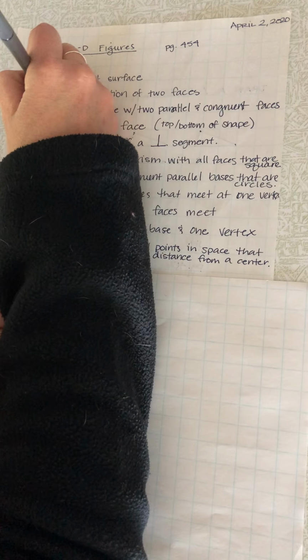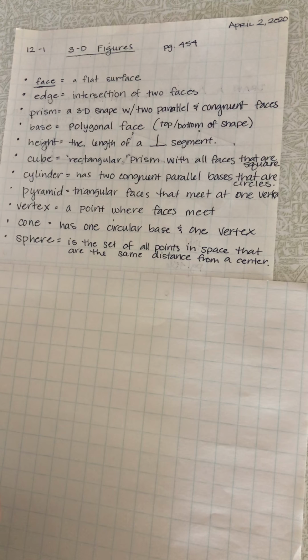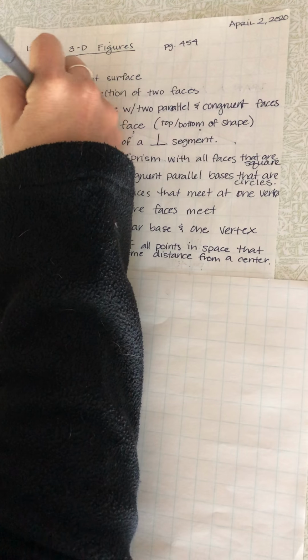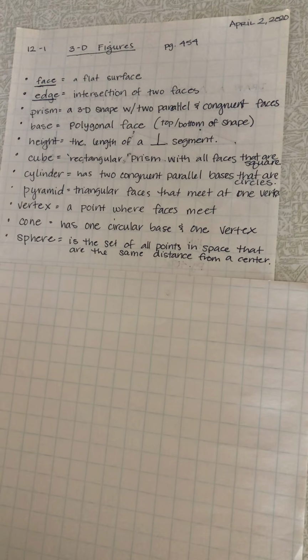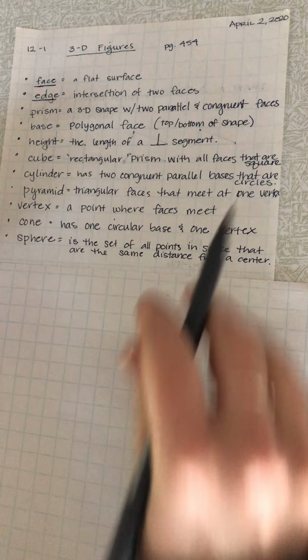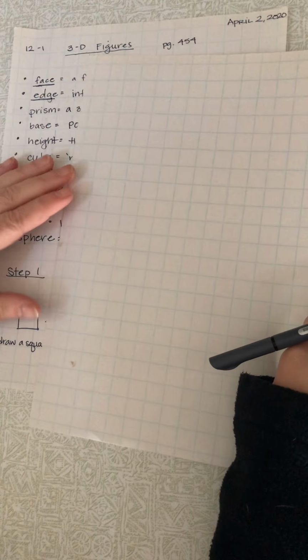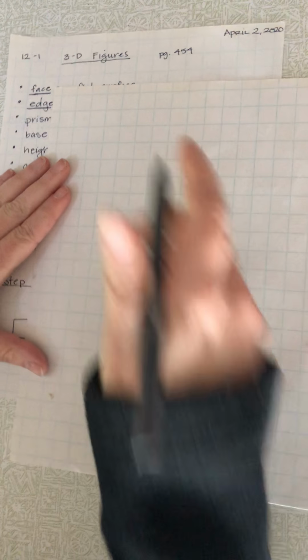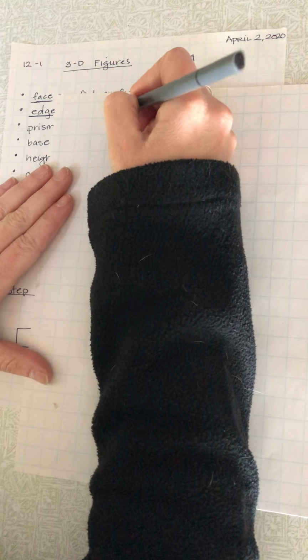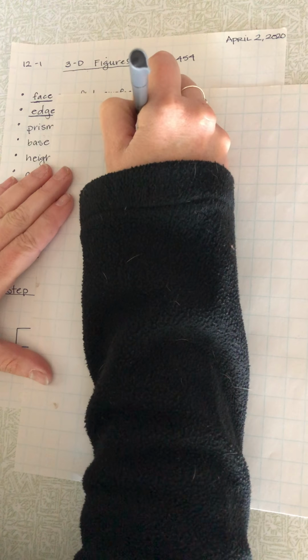We have a face. A face is a flat surface. An edge is the intersection of two faces. It's where they meet. Okay, so if we had a cube, which we've got a square.